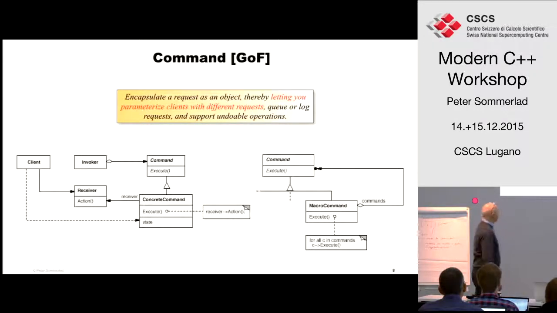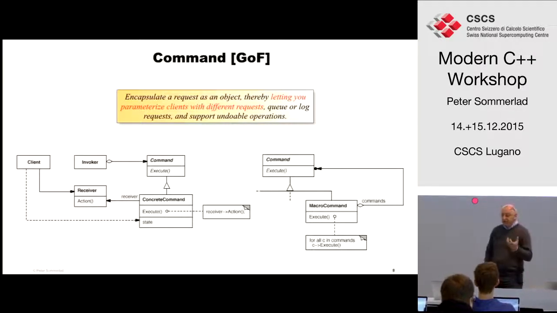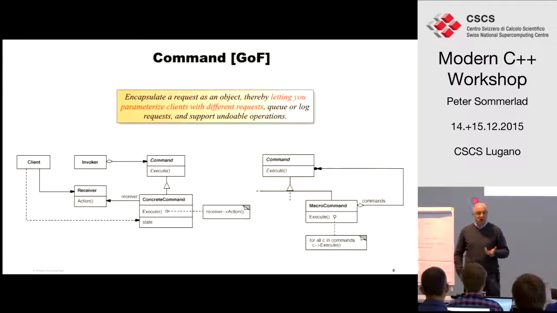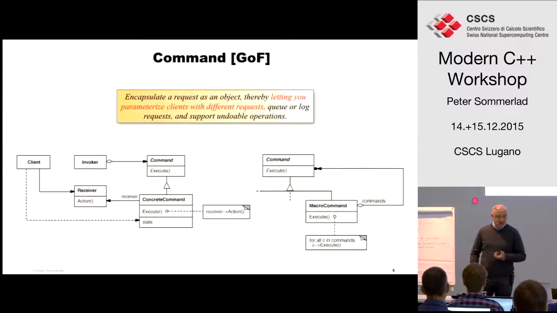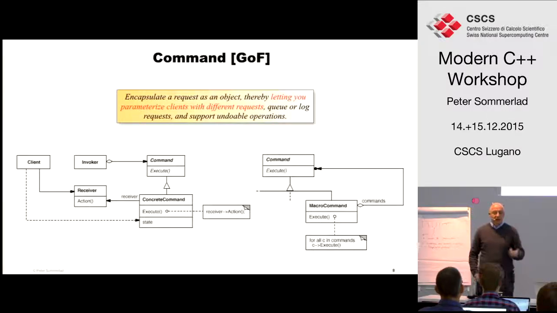If you look at the description of the command pattern, it actually is about encapsulating some request as an object. And once you have that as an object, you can pass it around. You can parameterize other objects or methods with it, or functions. You might be able to queue things, so you don't have to execute some requests immediately, but might do it later.